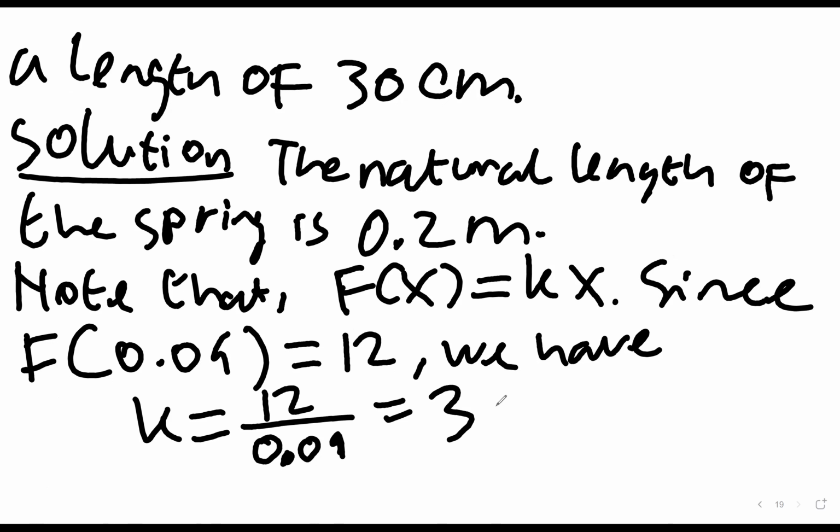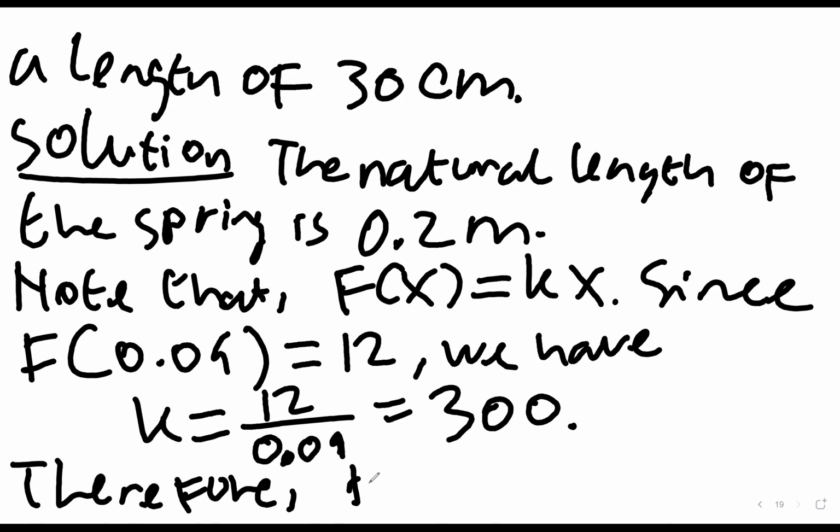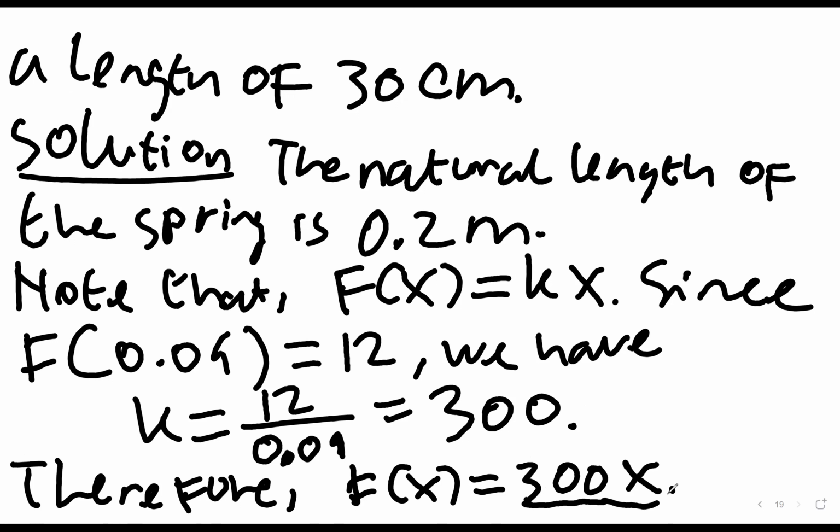That will be 300, right? So k is 300. Therefore, F of x equals 300x. Now we just obtained the spring constant and the formula for the force, F of x equals 300x.